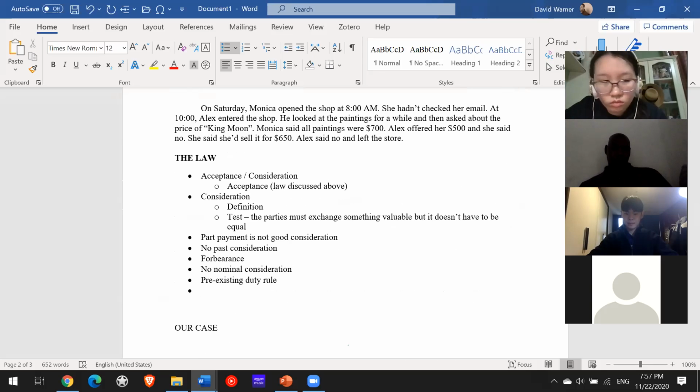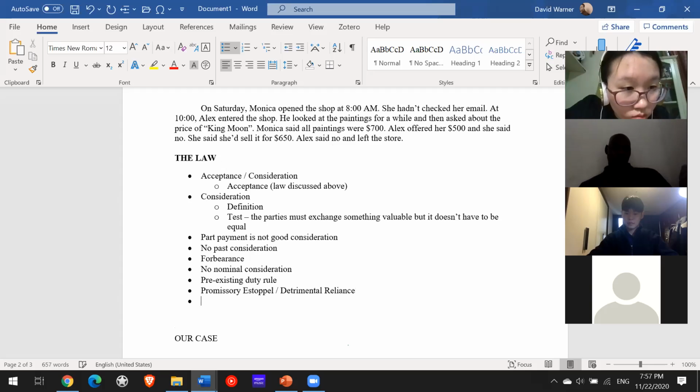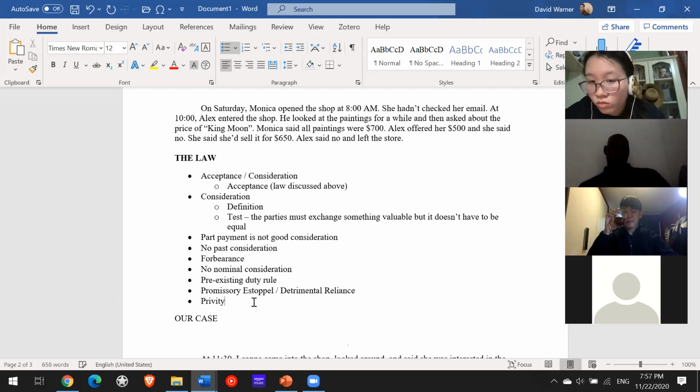But then there's also, and this is important, promissory estoppel, also called detrimental reliance. That's very important in consideration. Technically, the rule of privity is also in consideration. So we have a lot of stuff in the law for consideration. Now let's talk about our case.